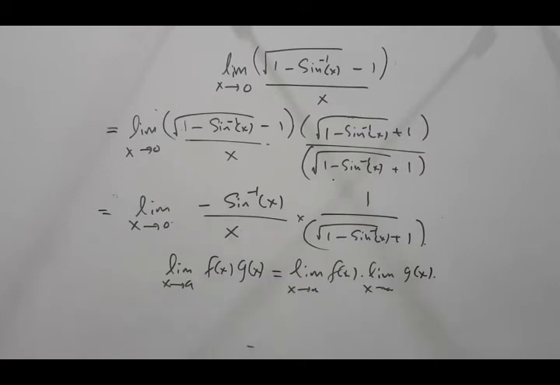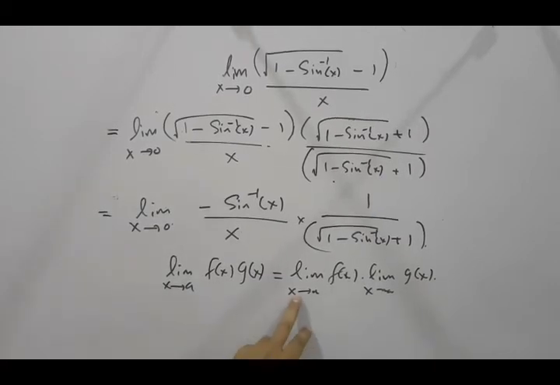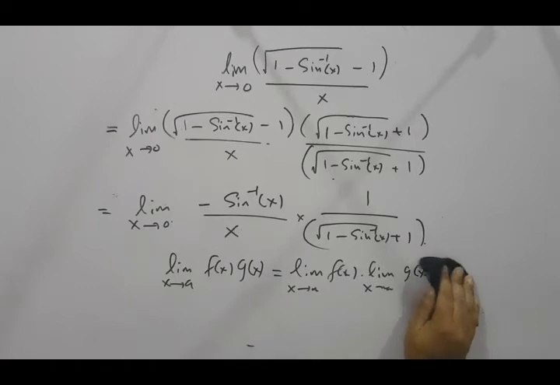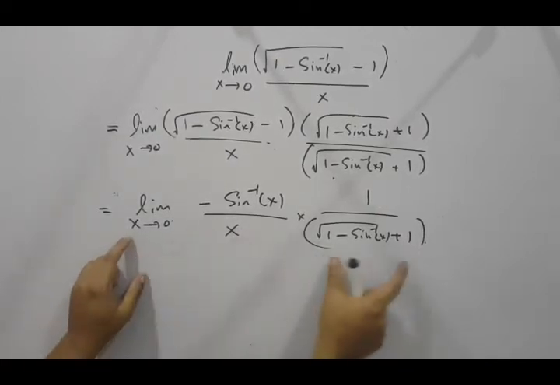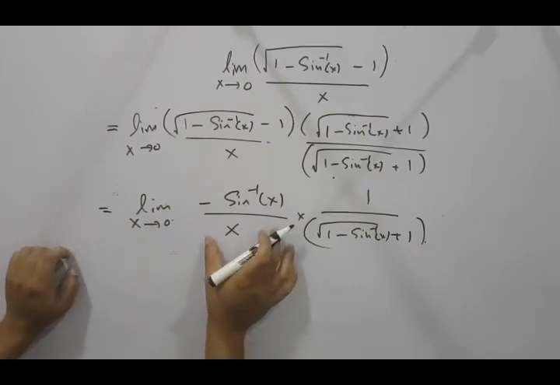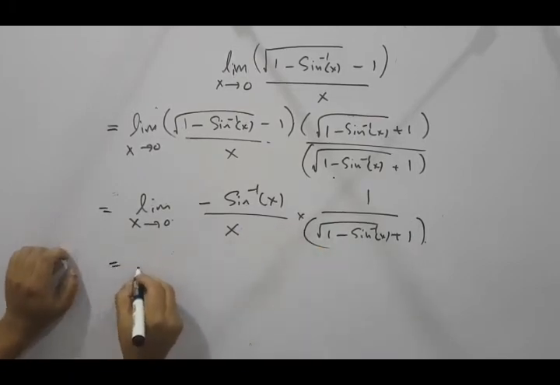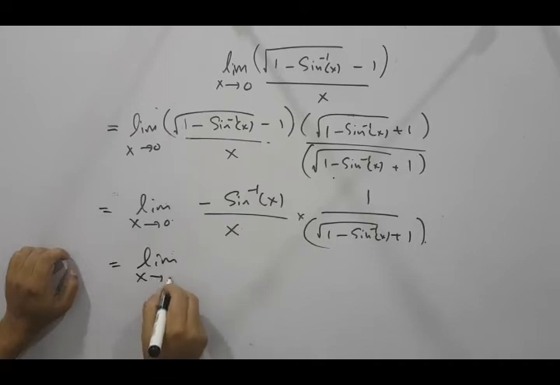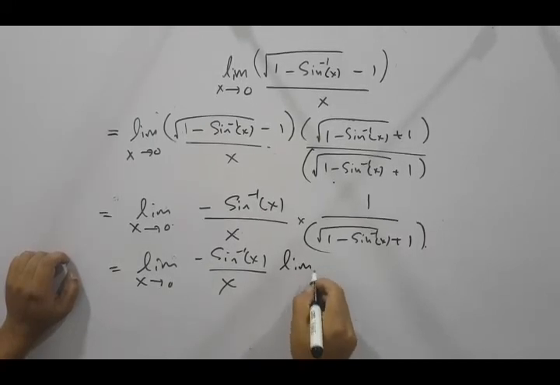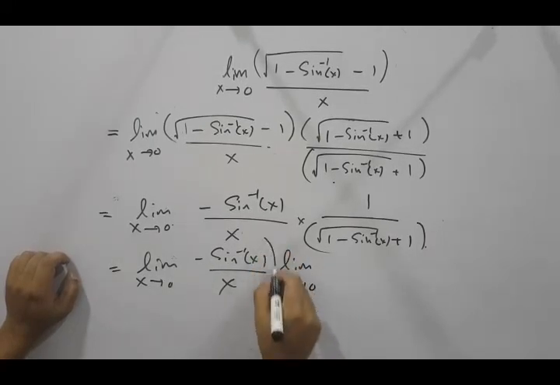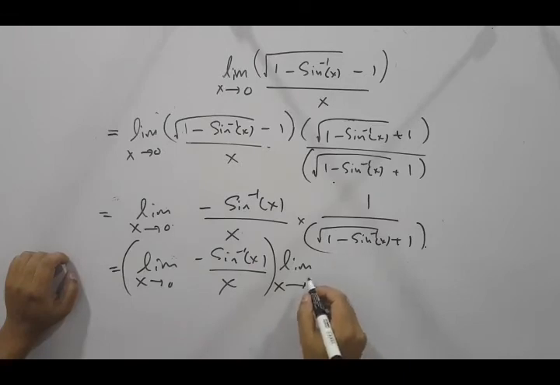You have to make sure to carry out the limit sign. Then we'll apply the limit to both of these products. First, limit x tends to 0 of minus sine inverse of x divided by x. The limit tends to 0, so we have to separate this out.